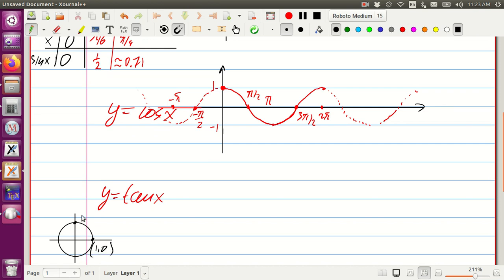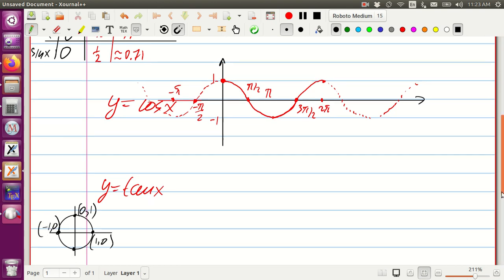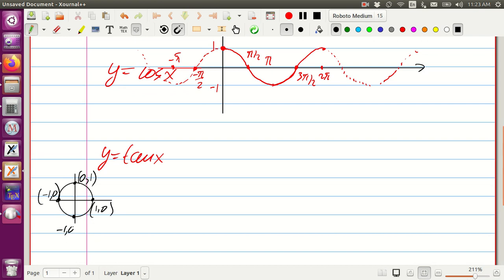So if we go back and replot our points, I made a mistake. It should be (0, negative 1). All right. So what's going on? It's y over x, this value over this value. So let's do this.